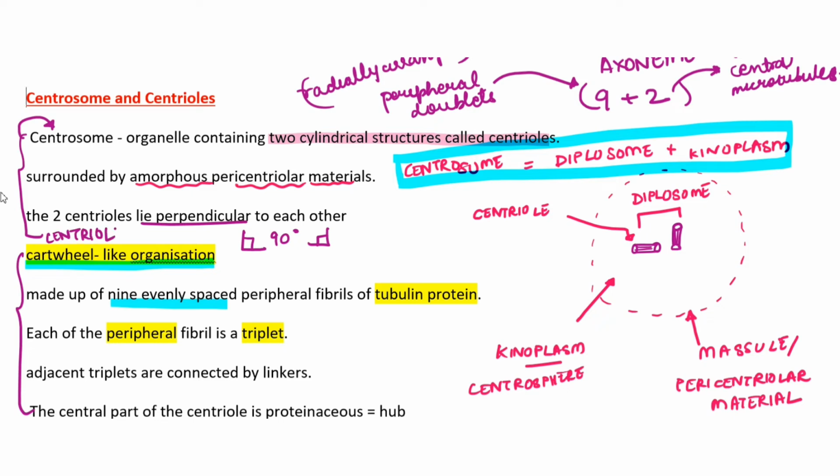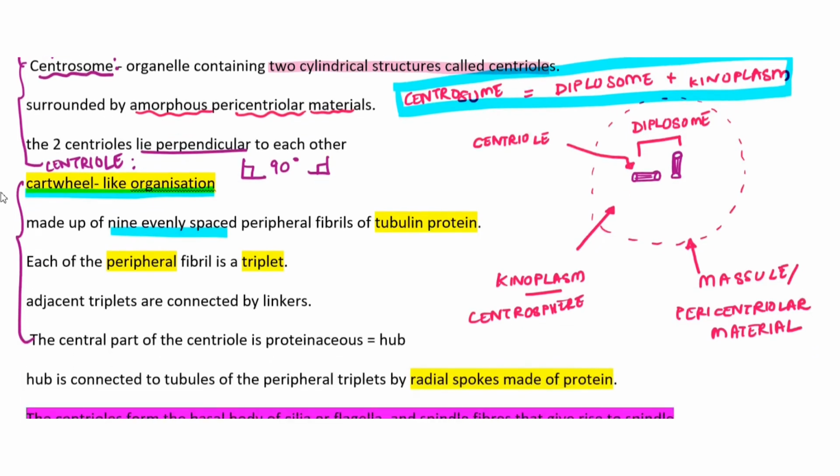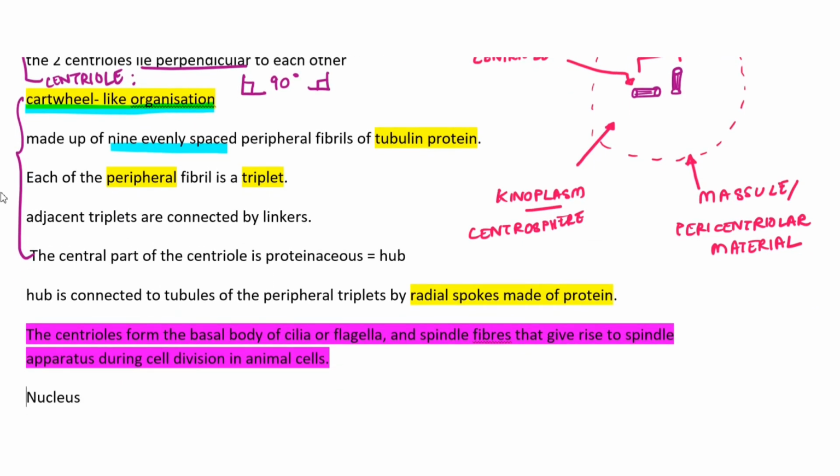So each centriole, if you see under a microscope, will have a cartwheel-like organization, and they are made up of 9 evenly spaced peripheral fibrils of tubulin protein. Each peripheral fibril is a triplet.